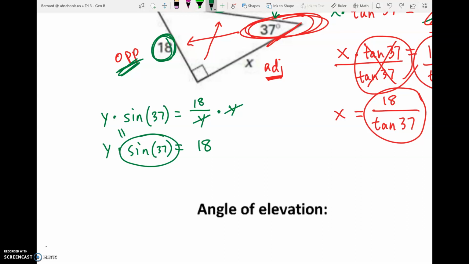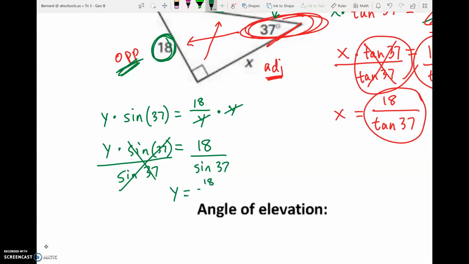And so I'm going to get that stuff out of there now and just remind us that at this part, since it's y times that, we just want to divide by our trig function. And so then the sines cancel, leaving us just with y, and that equals 18 divided by sine of 37.